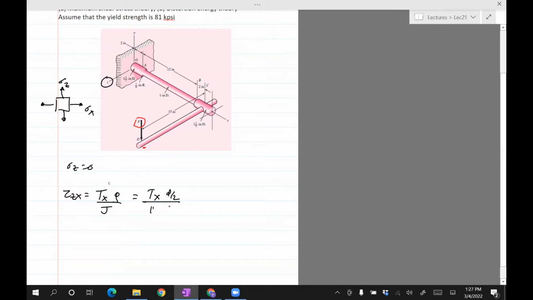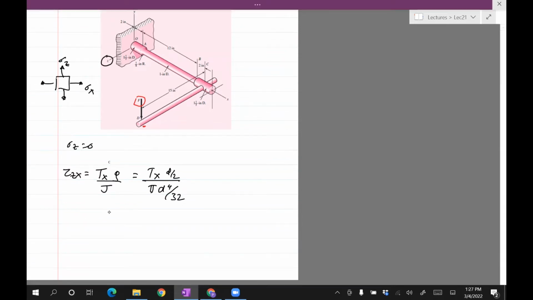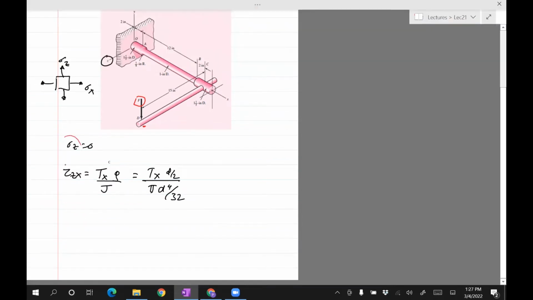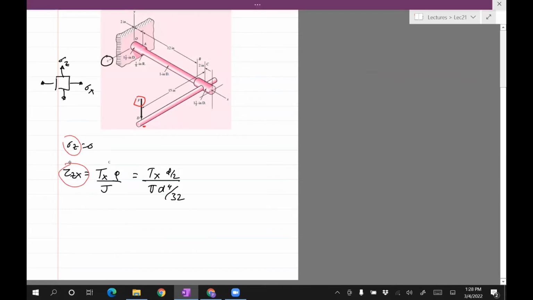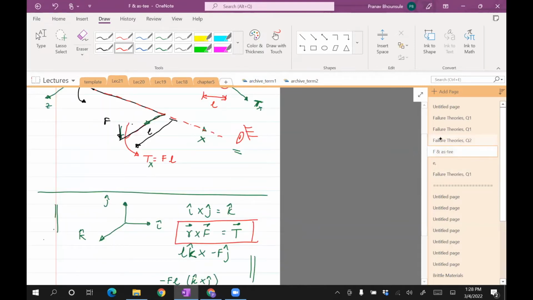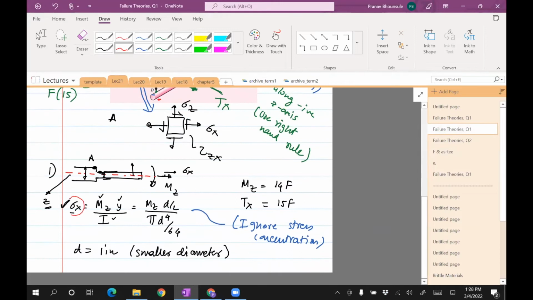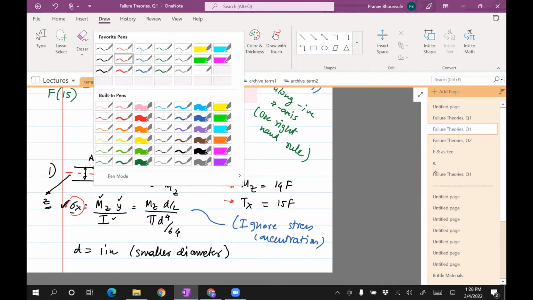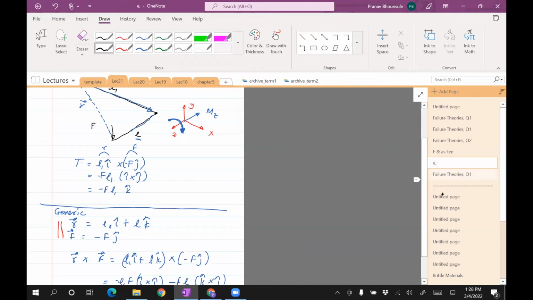J is pi d raised to 4 divided by 32. So that's about it. We've computed all these three things. I'm just going to sub in the values of sigma z, tau zx, and in the previous page we computed sigma x. So I'm just going to write these equations down and solve them in terms of F. Remember that Mz is here and Tx is there. Let's put it all together.